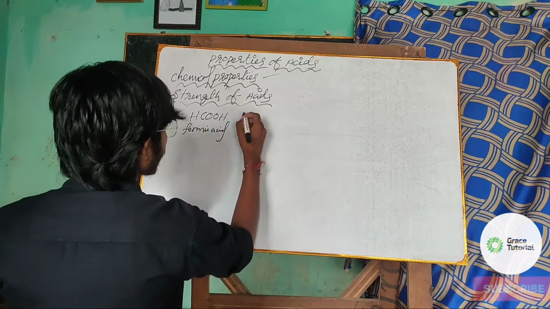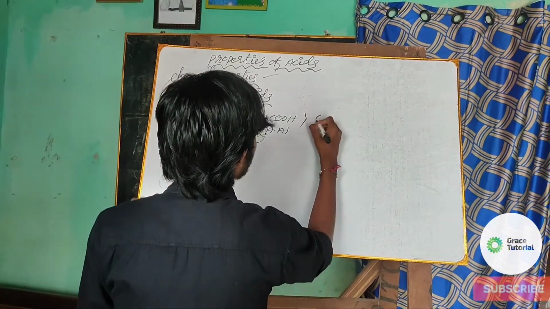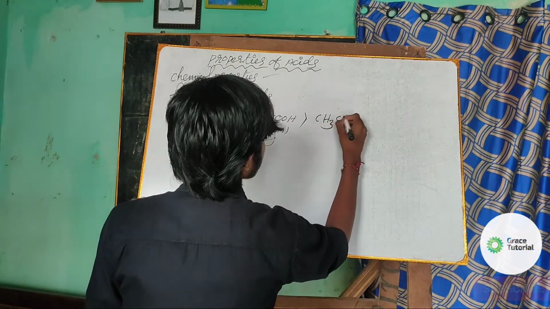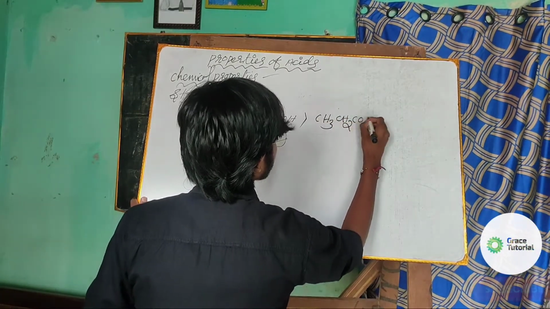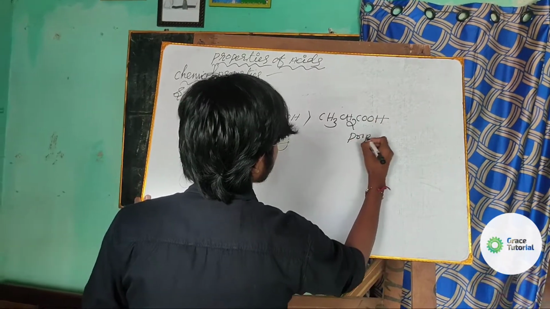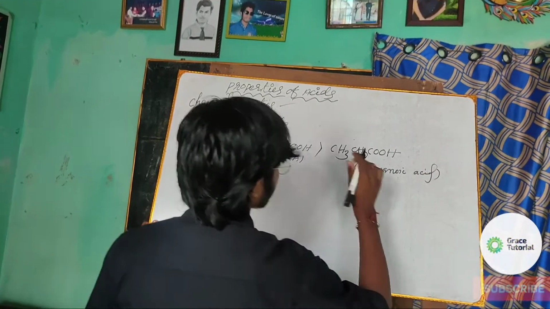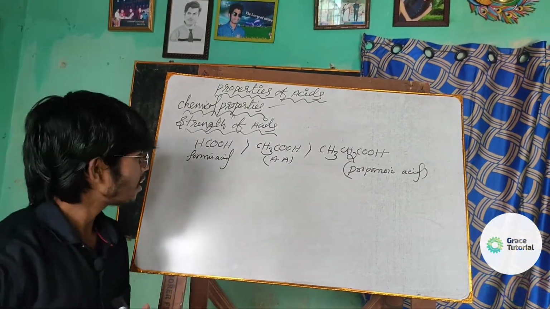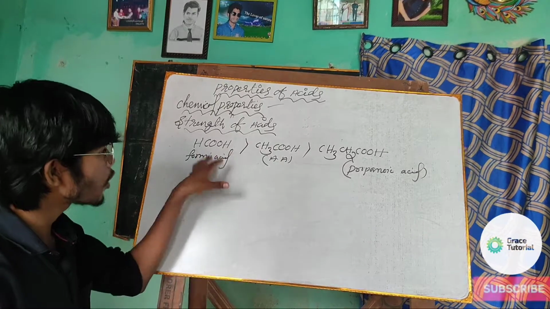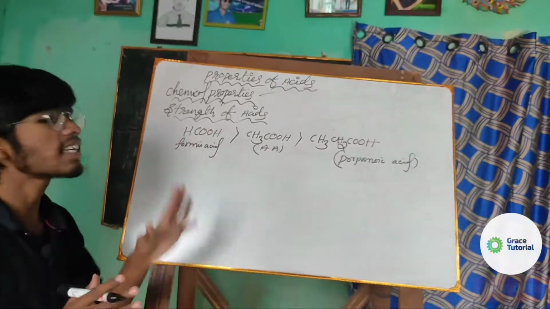I can say that formic acid is greater than acetic acid is greater than propanoic acid. Now you can ask me why formic acid is stronger than acetic acid.